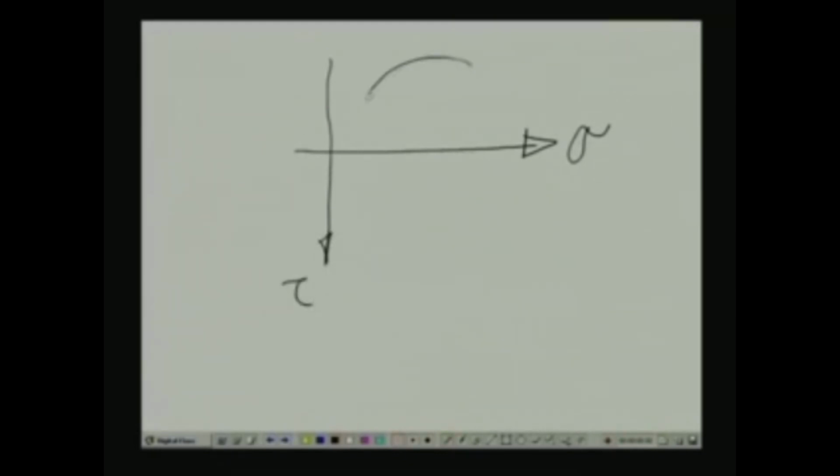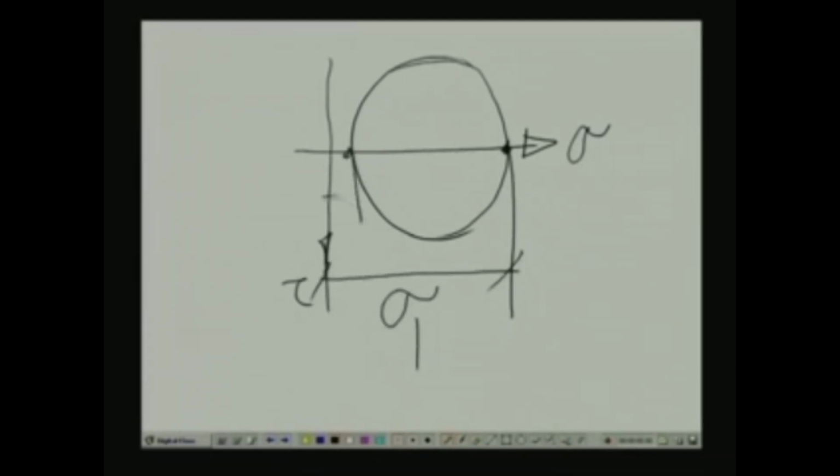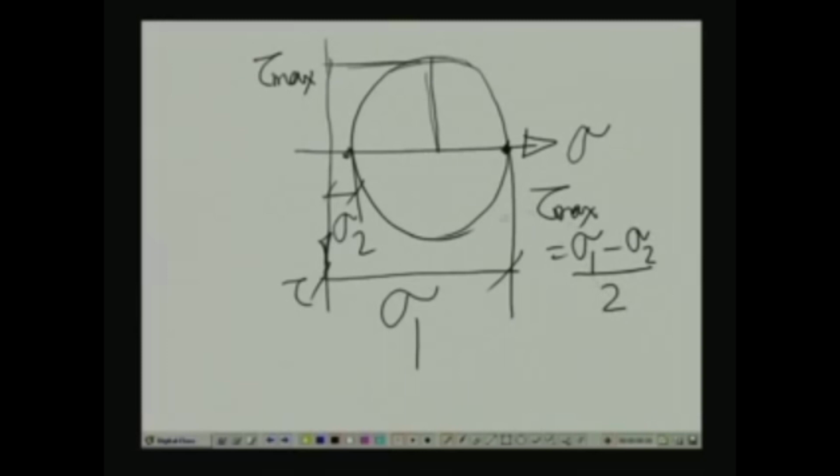In the Mohr circle, the point of maximum normal stress is sigma 1 and the minimum normal stress is sigma 2. The radius of this circle defines the maximum value of the shearing stress, tau max, which is given by sigma 1 minus sigma 2 by 2. In the given problem sigma 2 is 0 and sigma 1 is 10, thereby the maximum shearing stress is 10 by 2, which is 5 MPa.